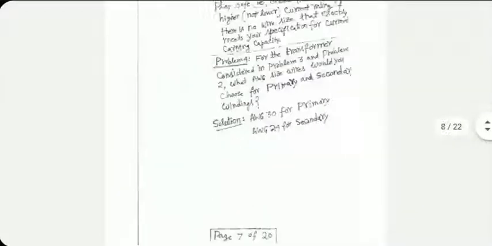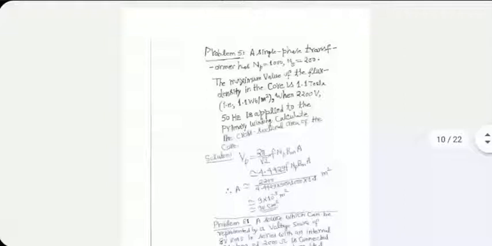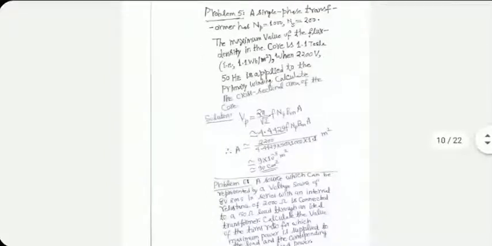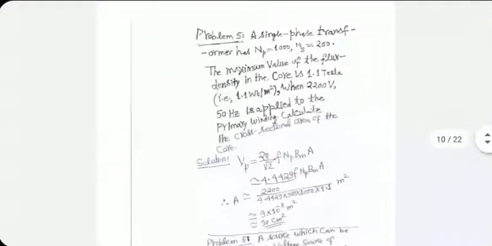How to select the wire for primary and secondary based on the current that is being carried by them. That is the table that you use all the time. Then I also did this problem where we calculated the area of cross section of the core based on other parameters that were given.